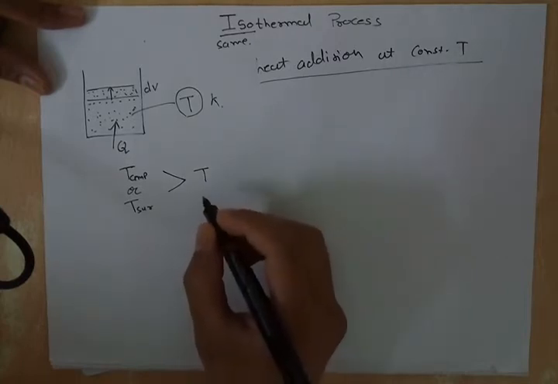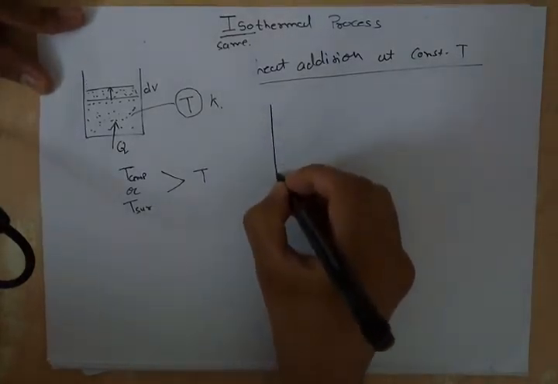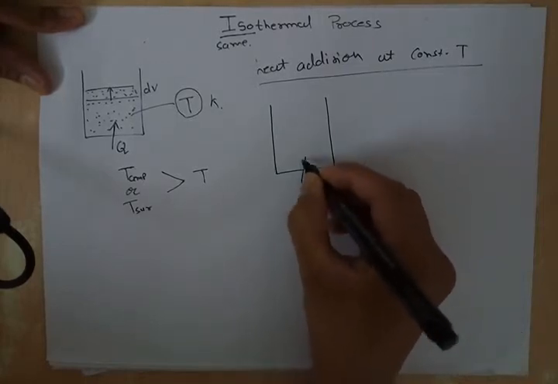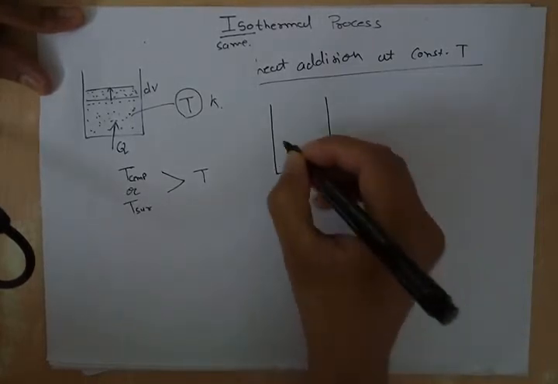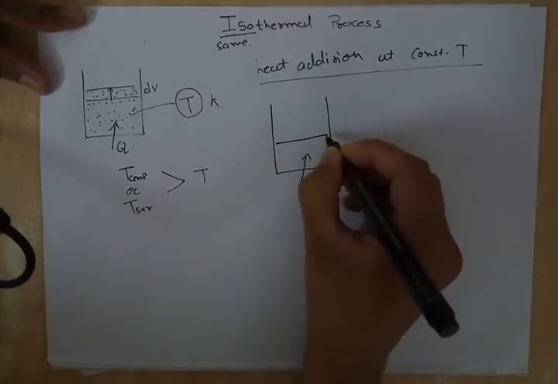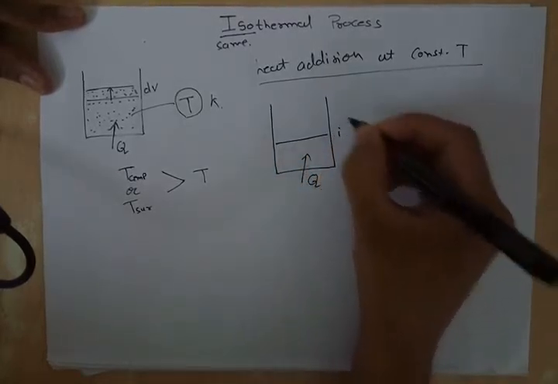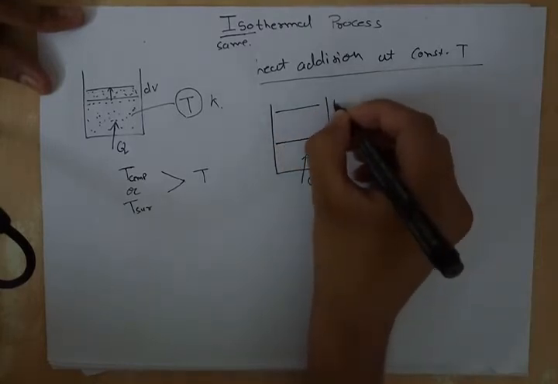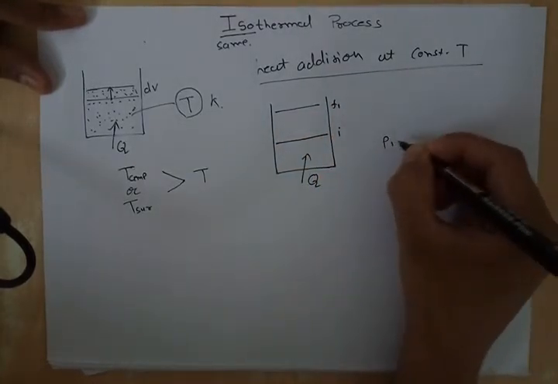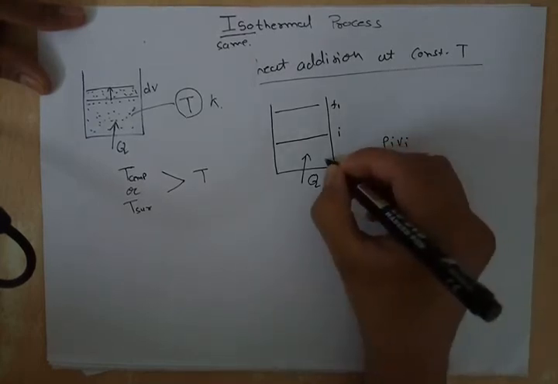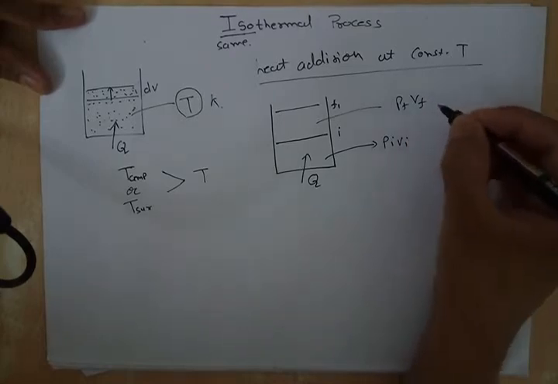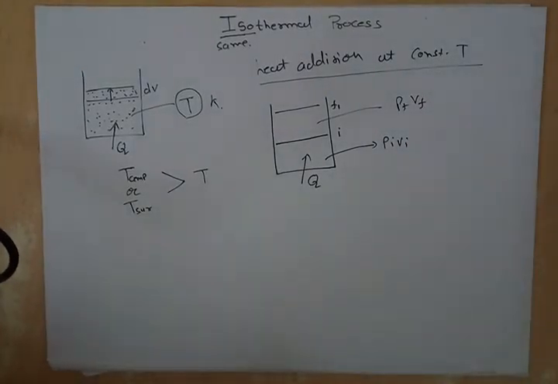Now by following this process, we are adding Q amount of heat into the system, and because of that piston rises from this initial position to this final position. Let us say Pi, Vi is initial condition of the system and Pf, Vf is final condition of the system.